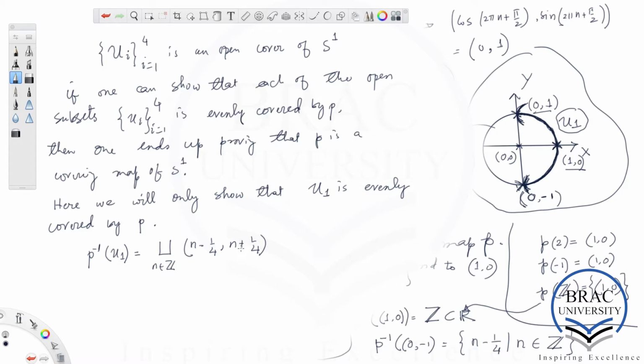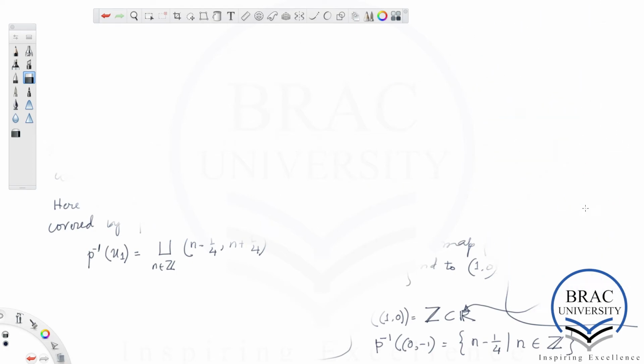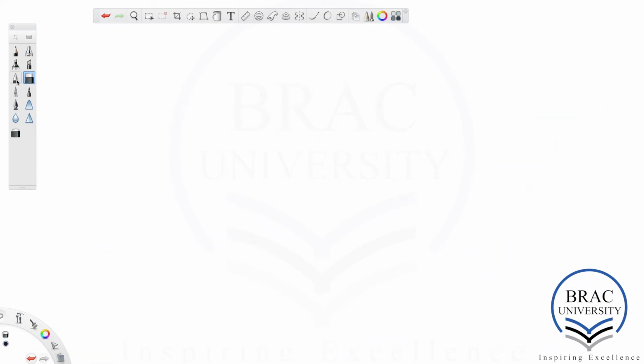Okay, so let me draw a picture for it. Okay, let me erase everything and try to draw a picture of it. So here I have this circle, and this is the x-axis, and this is the y-axis.